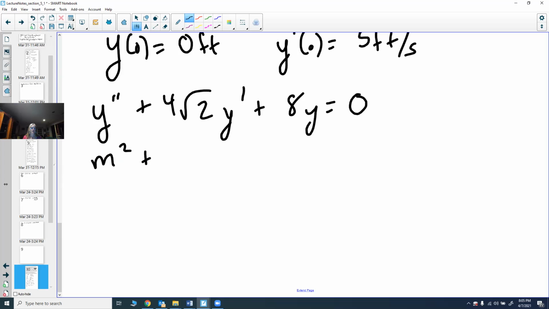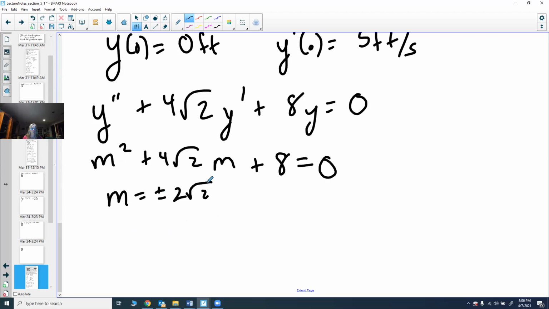So m squared plus 4 square root of 2 m plus 8 equals 0. I'm then going to solve this, and I find that m is equal to, sorry, just minus the square root of 2 times 2.